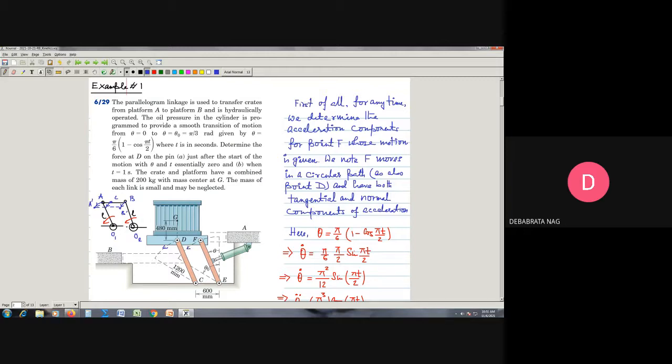So if this point is D dash and this point is F dash, then we can see from here that the arc DD dash and the arc FF dash are equal and must be parallel to each other.